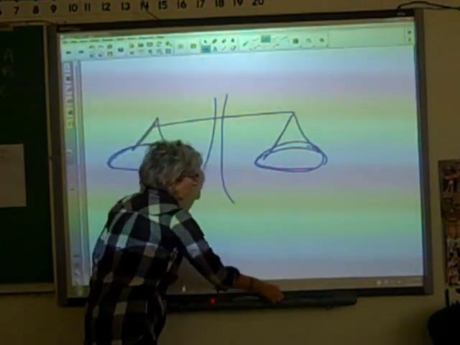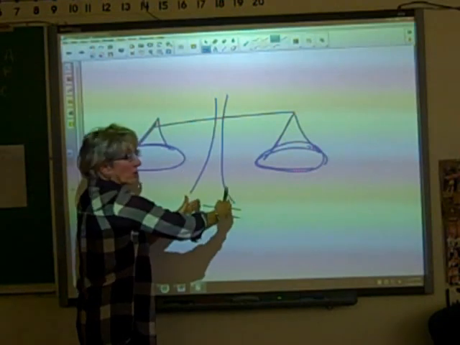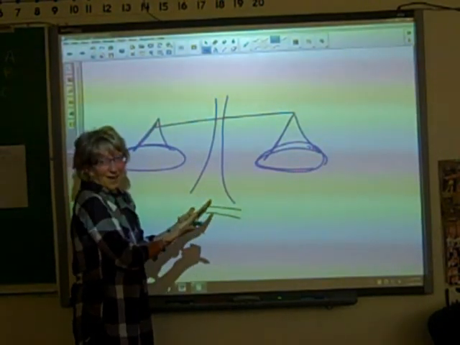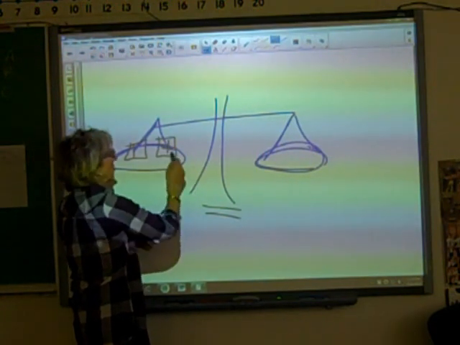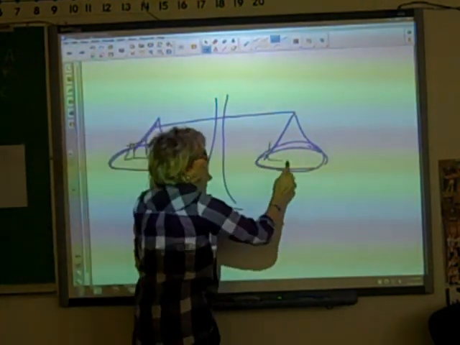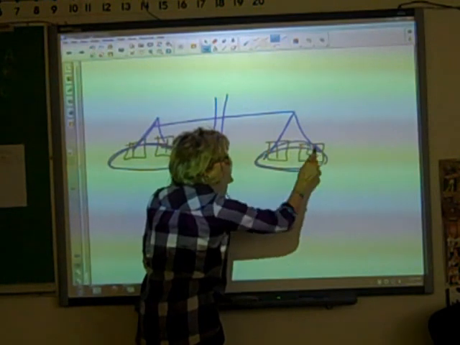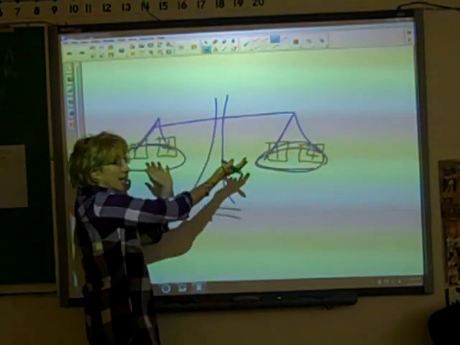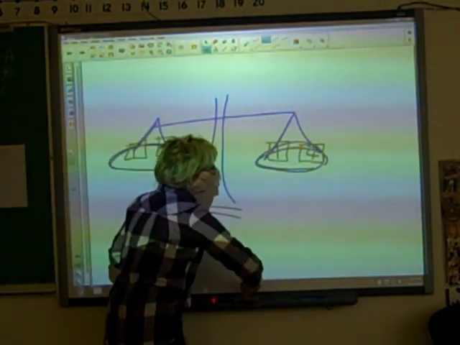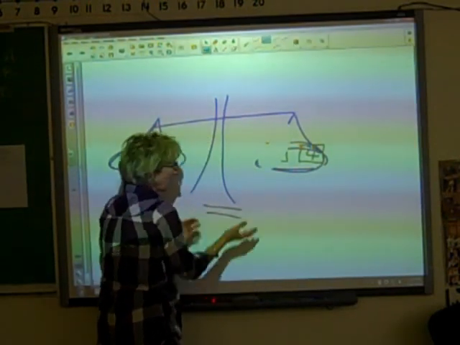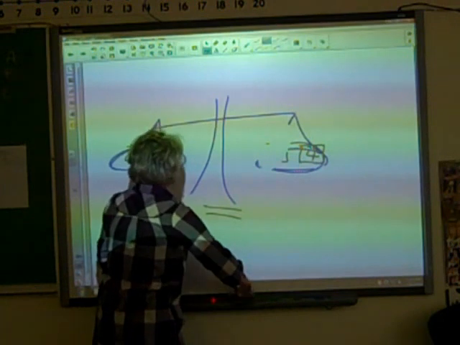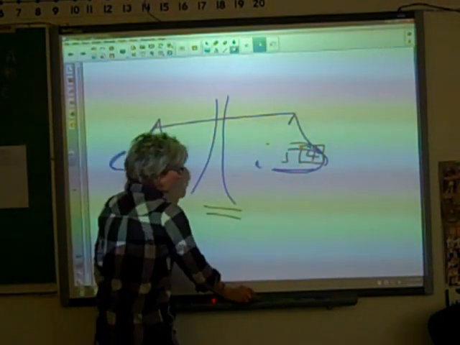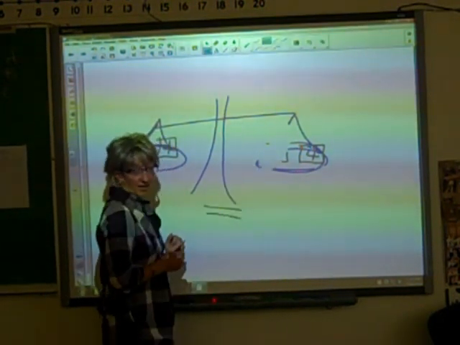Likewise in an equation, if we have our equal sign where your fulcrum is and we need to balance that, for example, say we have a 1 pound weight and a 4 pound weight on this side, in order to keep that balance, obviously you need a 1 pound and a 4 pound weight on the other side. If you remove the 1 pound weight from one side, we now have an unbalanced scale, like an unbalanced equation. We need to remove the 1 from the other side to keep the equation in balance.